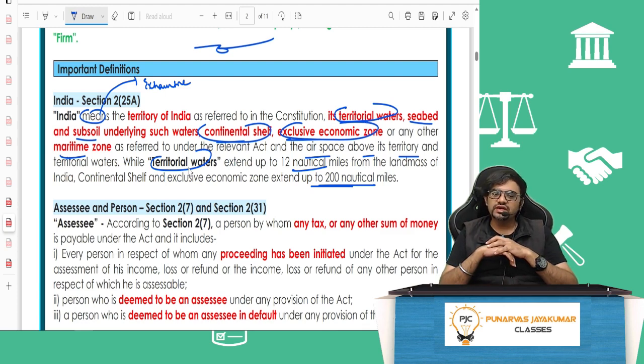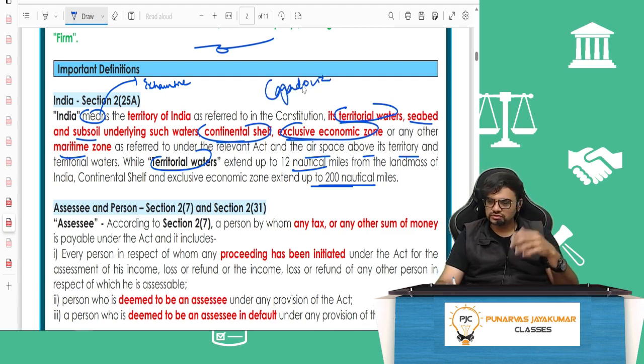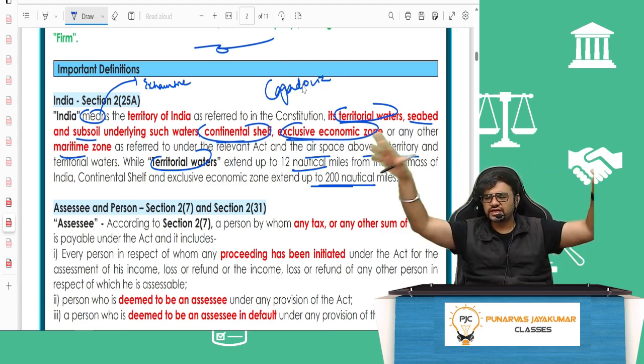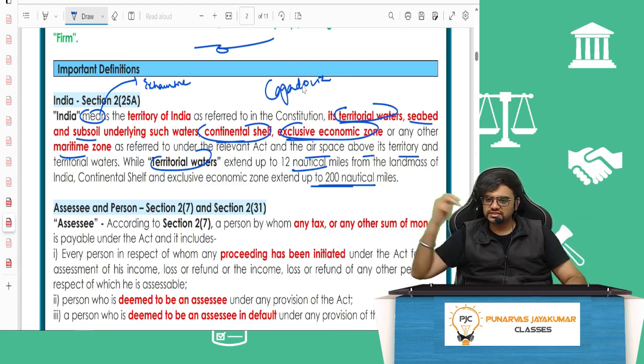Like every country will have the same thing, except for 12 nautical miles. So in Turkey, when I had gone, there is a place called Cappadocia, a beautiful place. Cappadocia is also very famous for hot air balloons. It will take you on top, show you the entire Cappadocia across various things, and then come back. Is it part of Turkey? Yes. In Dubai also, same thing.